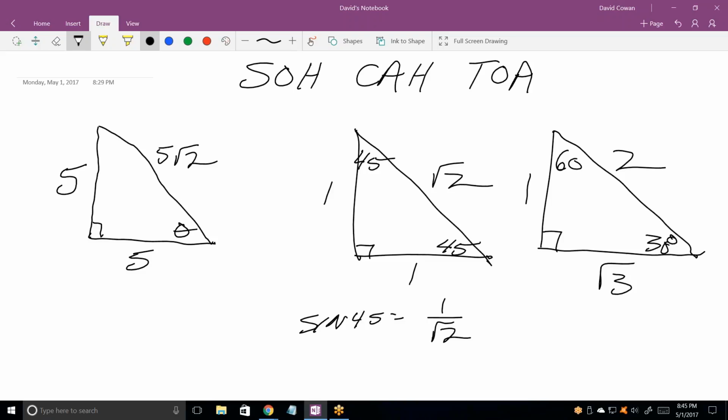And the reason is that if I want to know what the cosecant of 45 is, I'm far better off if I haven't rationalized that, right? It's that. Whereas if I've gone to the trouble of rationalizing that, I get square root of 2 over 2. Now if I say what the cosecant is, you'd say 2 over square root of 2 and have to rationalize it again. So the rationalization process tends to be a little self-defeating in trig.